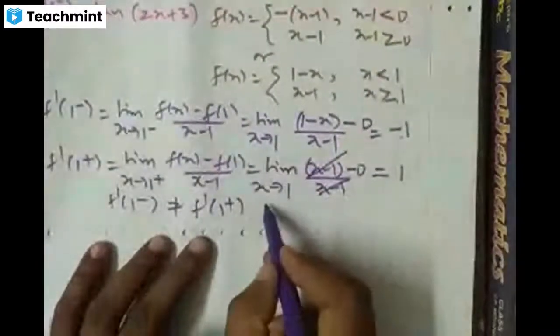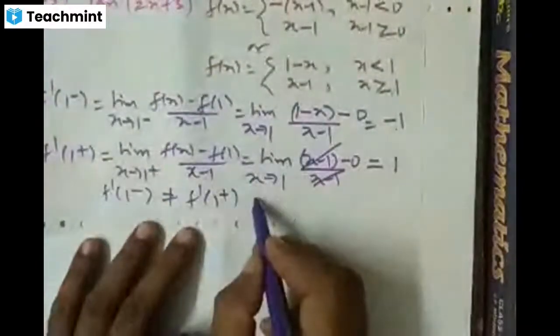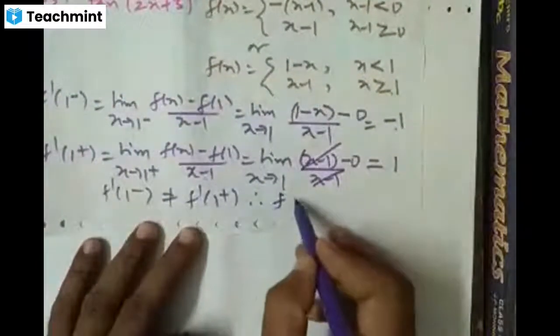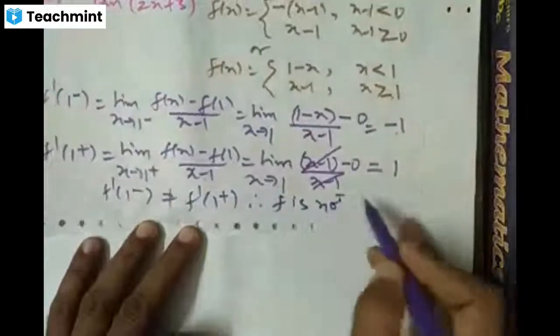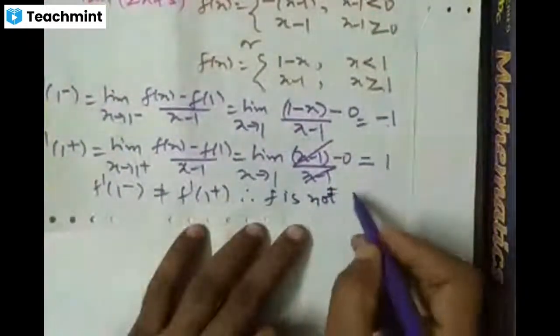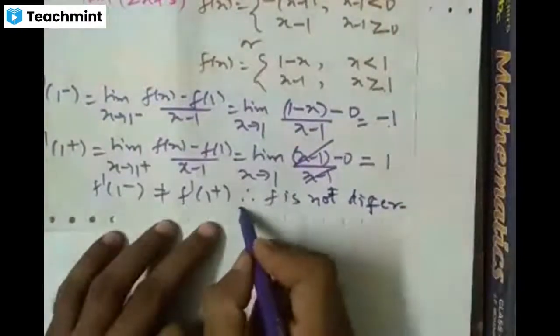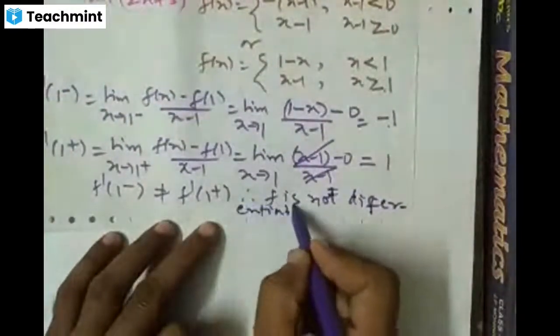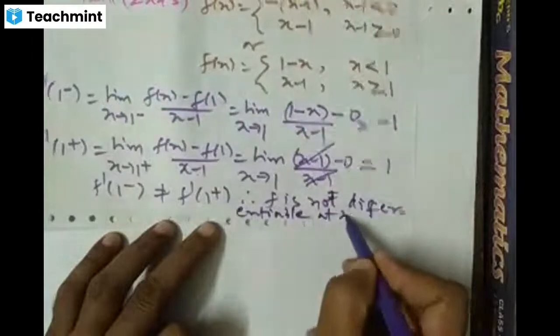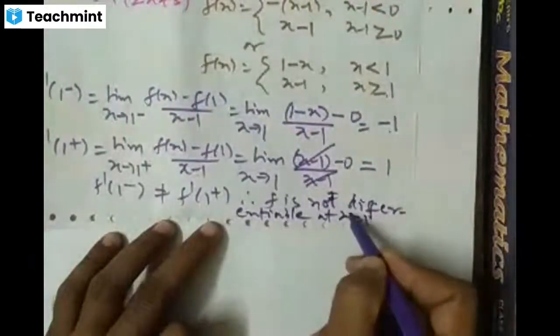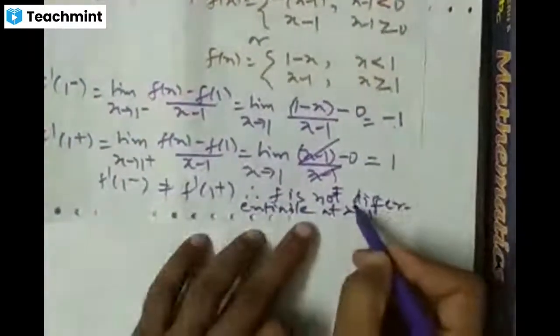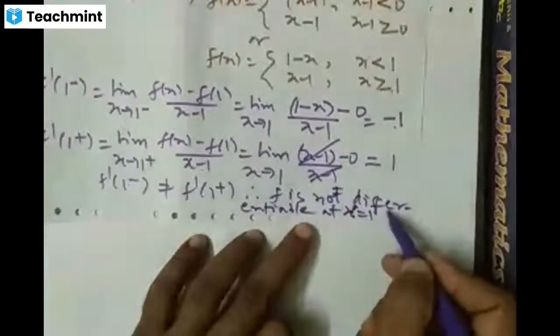Therefore, the conclusion: the function f is not differentiable at the point x is equal to 1. Okay, so the function f is not differentiable at the point x is equal to 1.